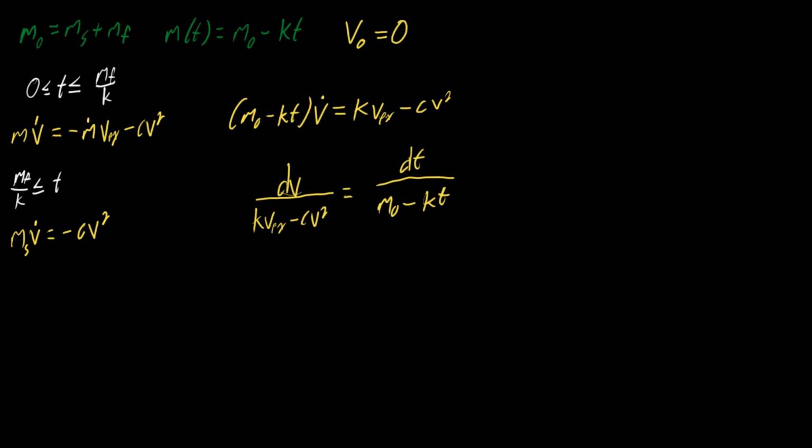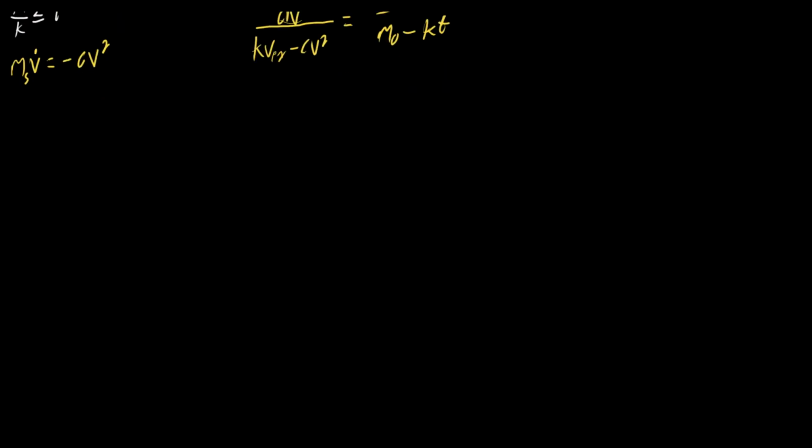So when we integrate both sides, we're going to remember to put in our boundary conditions into the lower and upper bounds. For the velocity, with respect to time, we're going to be thinking about what is the velocity and at what time, and what is the final velocity at what time. That's going to be pretty easy. So we're going to say it's going to have 0 velocity at 0 time, and this is just going to have some final velocity, which we'll call v rocket for this first stage, and you'll see why.